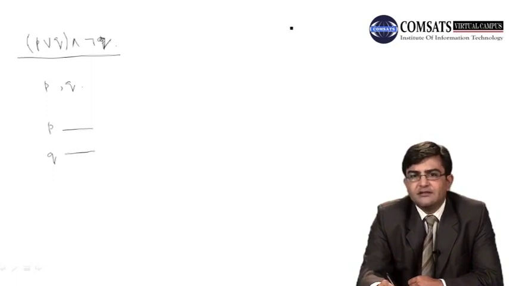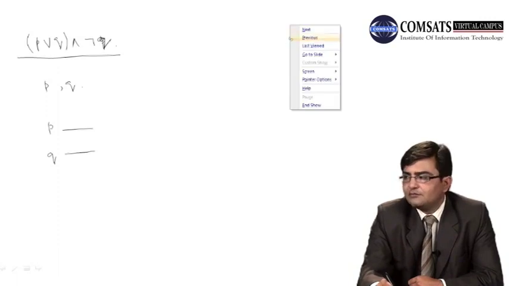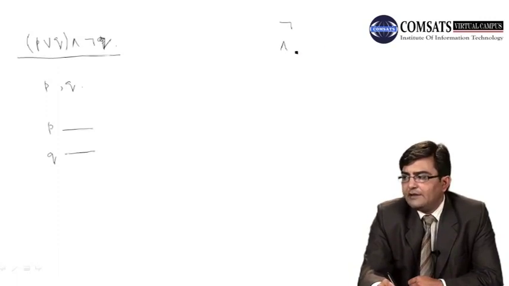I repeat here, the first preference is given to the NOT operator, then the AND conjunction or OR disjunction operators. The second preference is this, and then we give preference to the implication, the conditional statement, and then the biconditional statement.